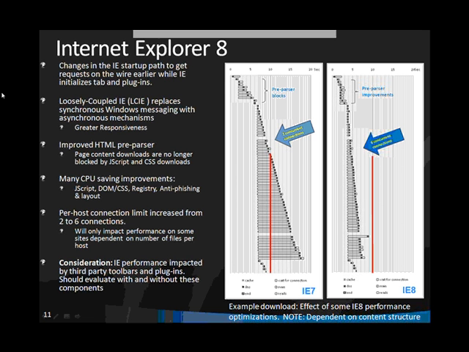Internet Explorer 8 is actually a loosely coupled process. Now, all the tabs in Internet Explorer, as you all know, are separate processes. So all the communication, the messaging between these tabs, is now asynchronous. So what does that mean? That means that Internet Explorer will be more responsive now.